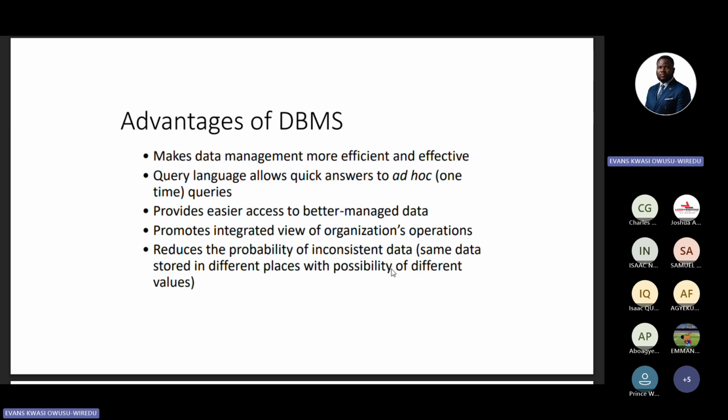We are going to look at that. So let's say we have a department called the marketing department in a company, and then you have, let's say, the accounts department.